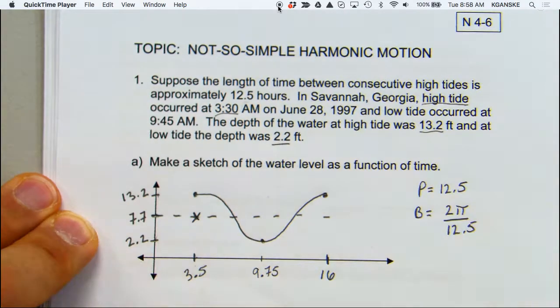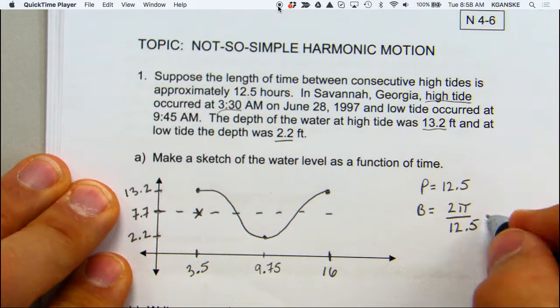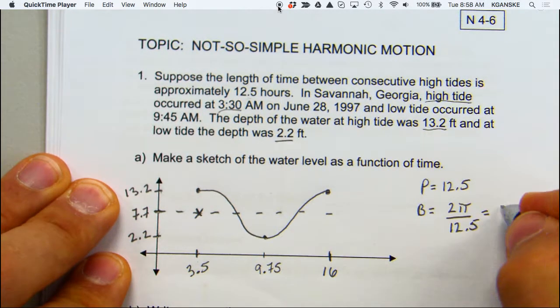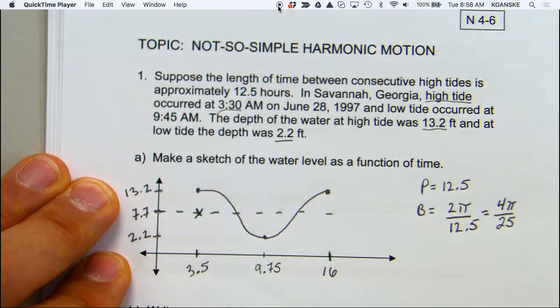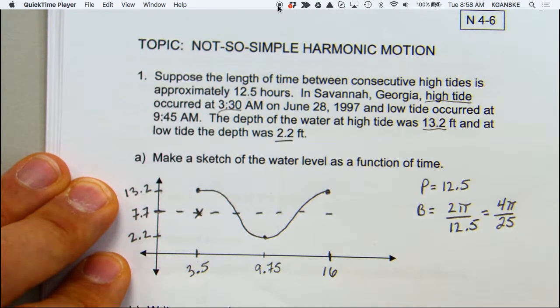Because I've got my calculator in my hand, I don't know if I really need to make this any different. If you want to make it look prettier and not have a decimal and a fraction, feel free to put 4 pi over 25, or even divide those two things and just write the decimal in. Either of these in the equation is fine.